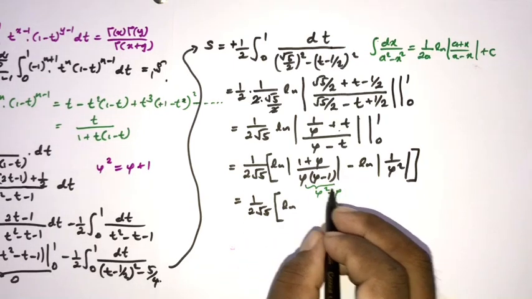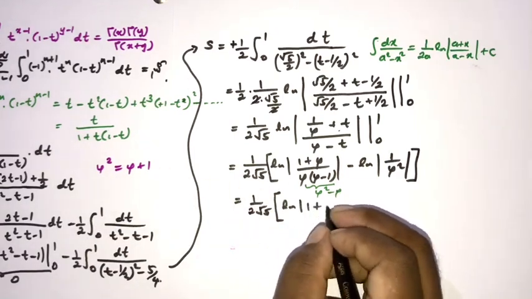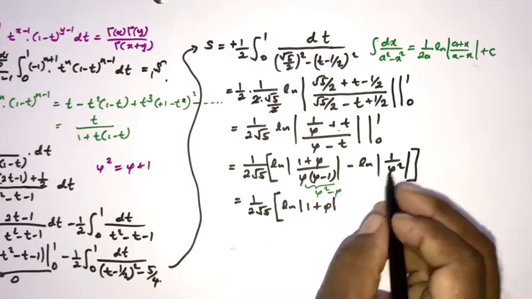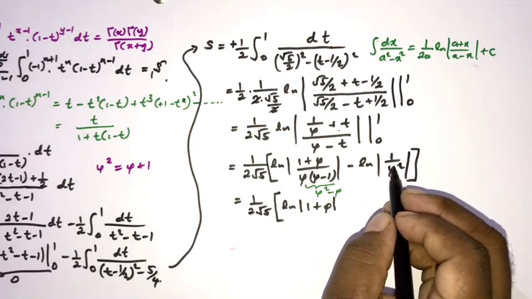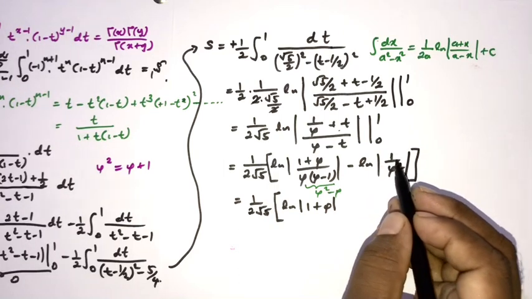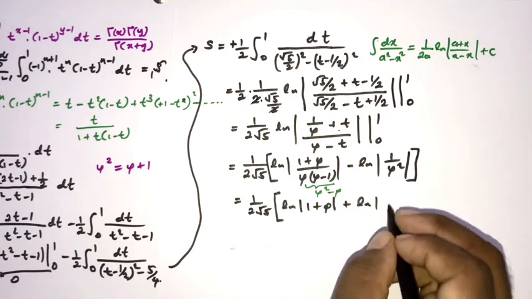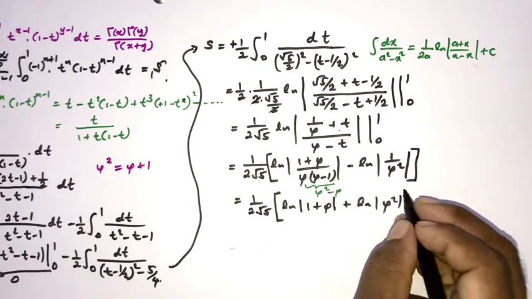Now phi squared minus phi, we know is 1, so we have only 1 plus phi. And then here we can write 1 over phi squared as phi to the minus 2, so minus minus plus, plus natural log of phi squared.